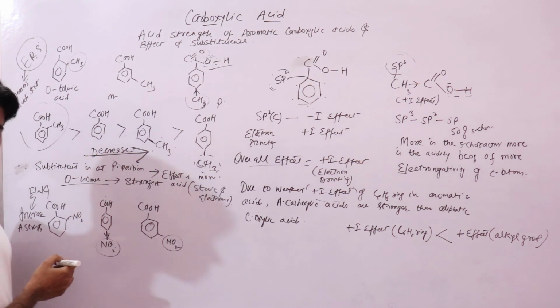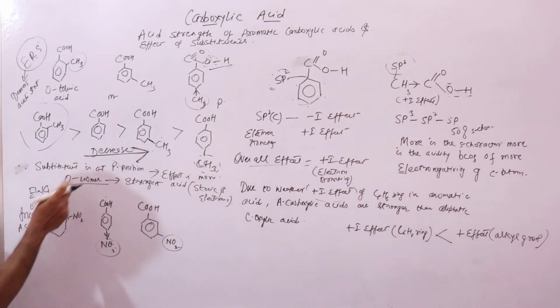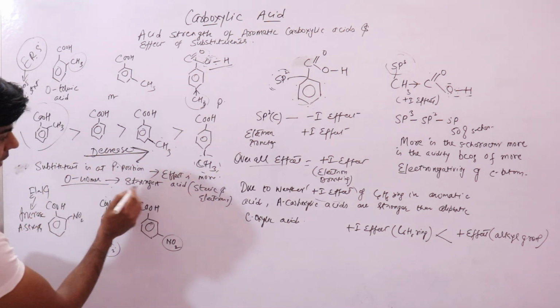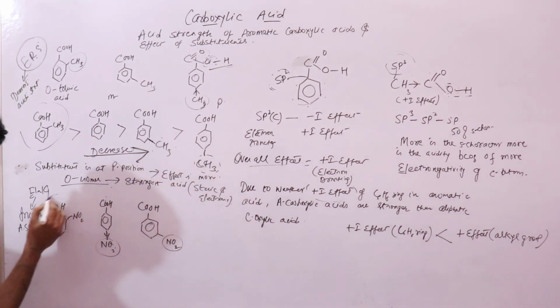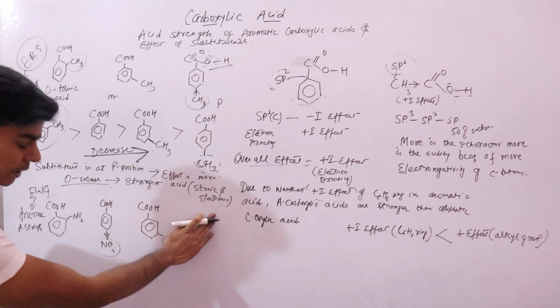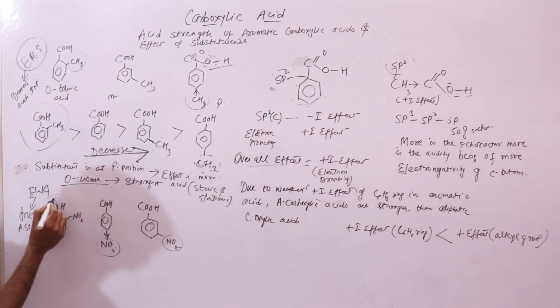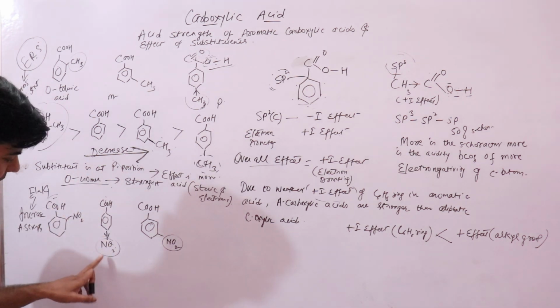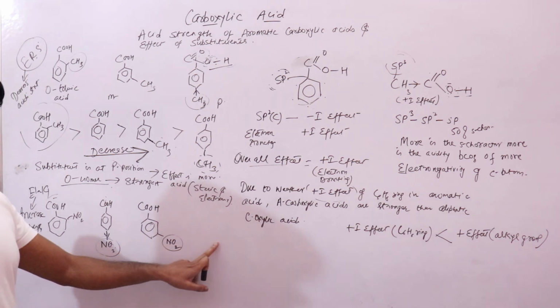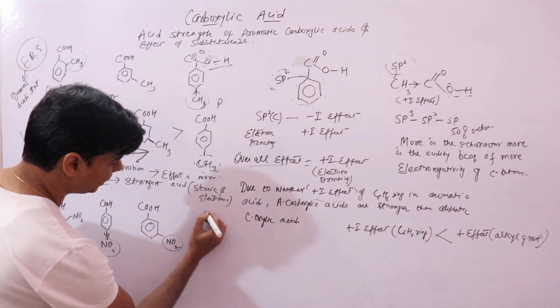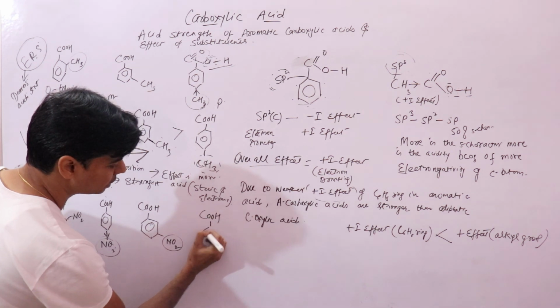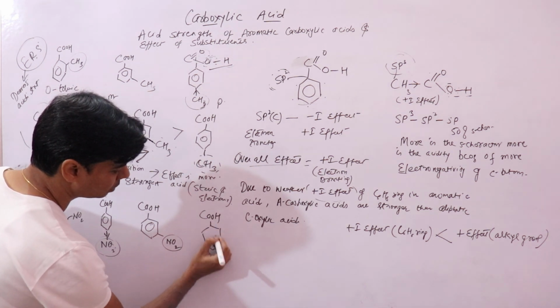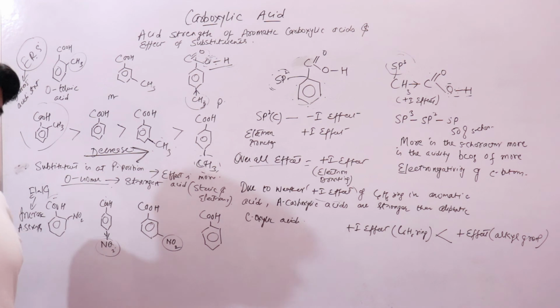Whereas, like we discussed here, the ortho isomer would be the strongest acid, right, due to some steric and electronic factors. So this would be the strongest acid, right? Then comes this, then this, then you have your benzoic acid. So how will this electron withdrawing group affect the acidity of benzoic acid?